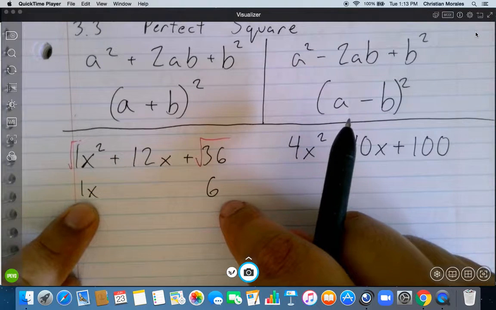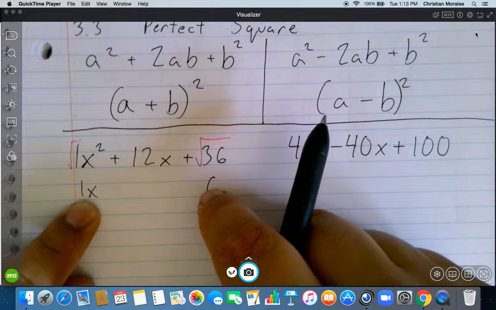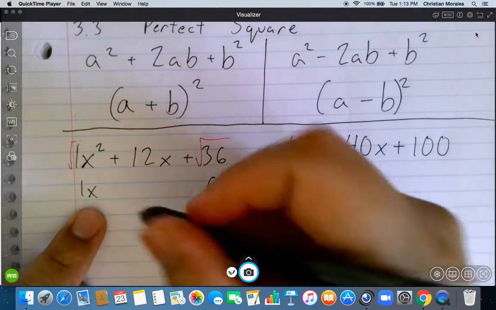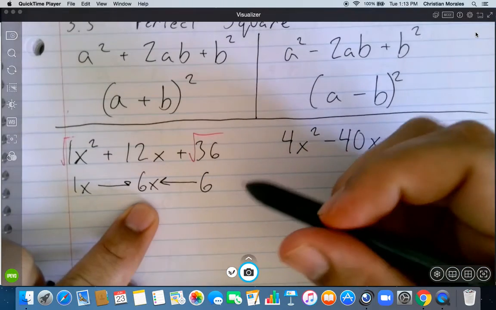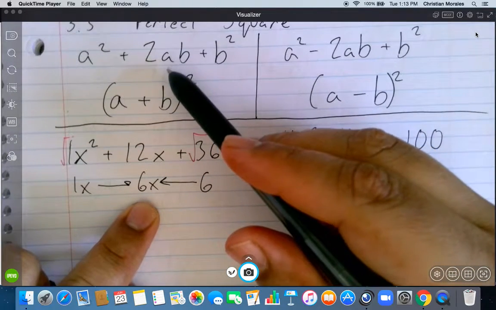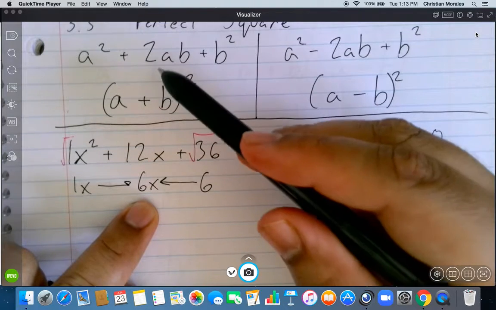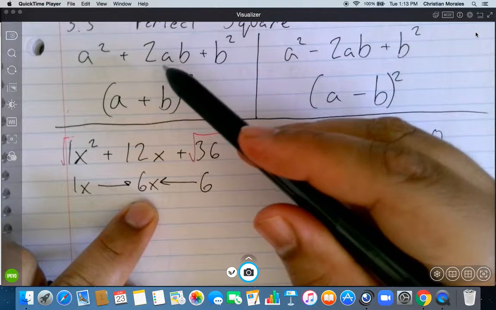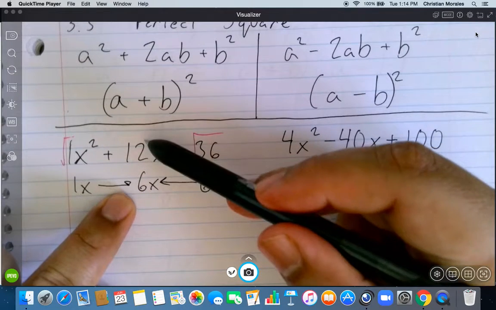Now, if these were combined, what is 1x times 6? If you put them together, it gives you 6x. Now, what should be in the middle for this to work? Double that amount, twice that amount. What is it if you double a and b? If you double 6x, 12x.